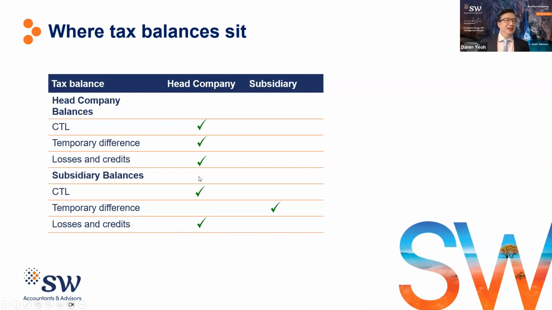Why? It is the head company that pays the tax to the ATO, so it should sit in the head company. And it is the head company that utilizes those losses, so it should stay with the head company. This transfer stays with the head company even if the subsidiary is subsequently sold or exits the tax consolidated group.